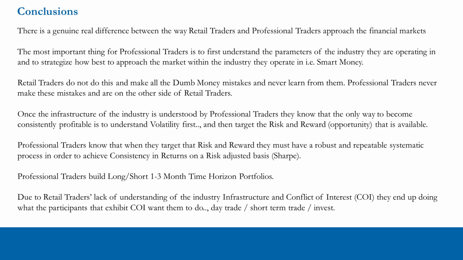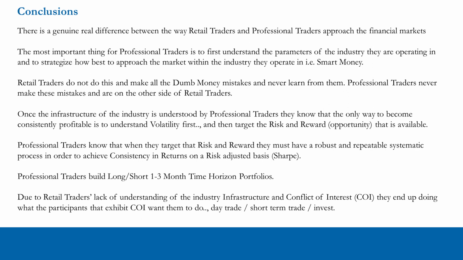Once we understand the infrastructure of the industry, we know how to become consistently profitable. How? Through volatility. It's the most important thing. We have to understand volatility after we've understood the parameters of the industry. Volatility always comes first. And then what do we do?